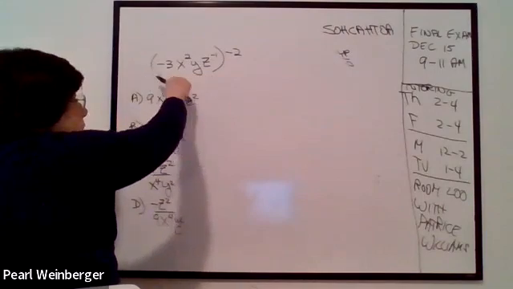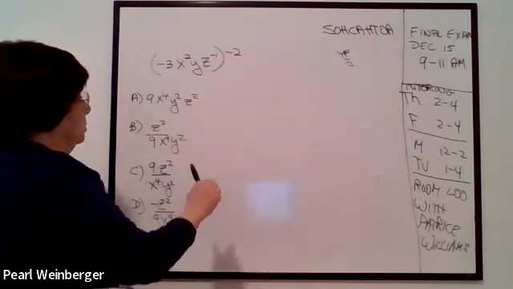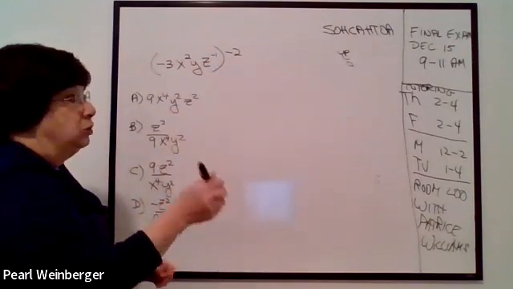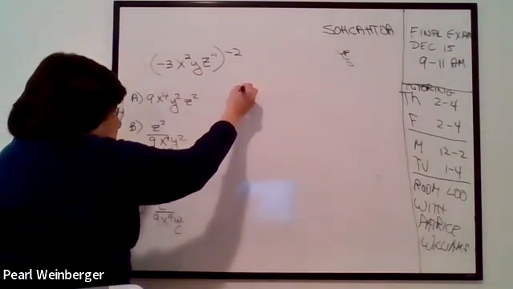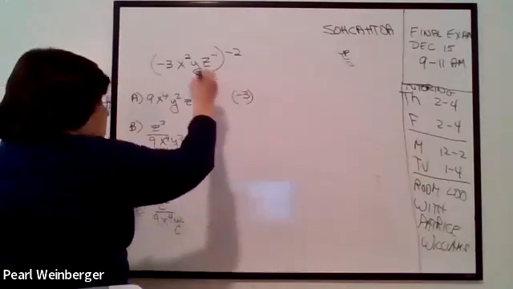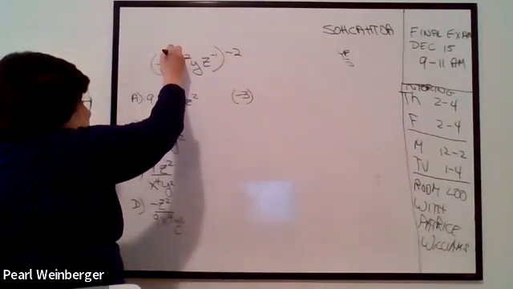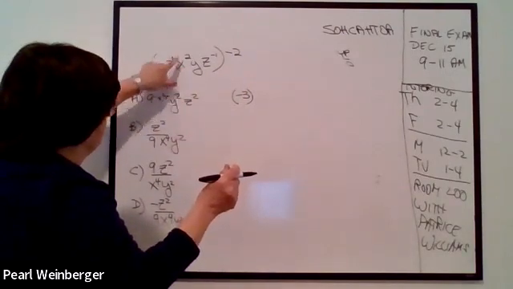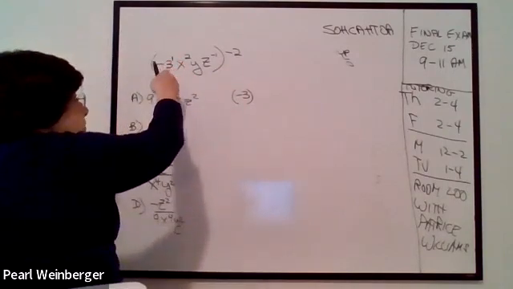First of all, I have something to a -2 exponent. So the first thing is I want to get rid of that parentheses by distributing the -2 to each of the letters and numbers. Now notice -3 doesn't have any exponent.